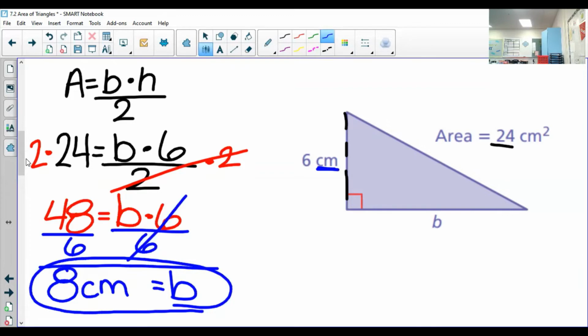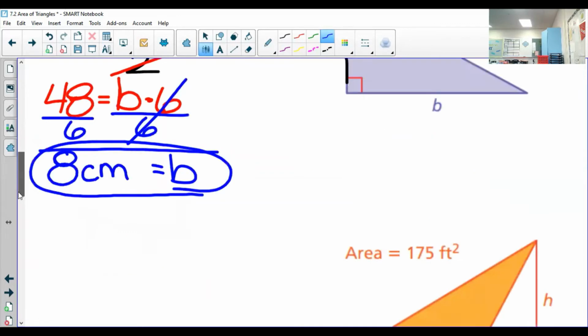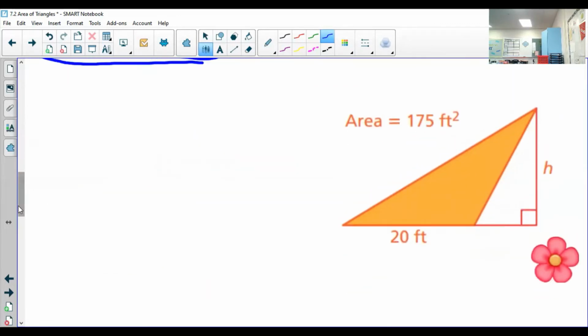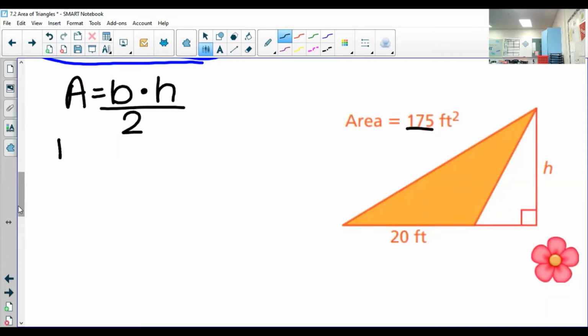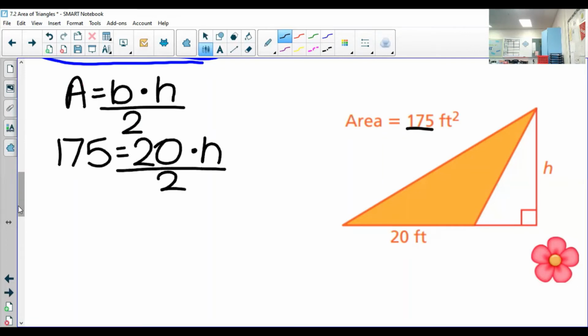Okay, let's do maybe one more like that just to be sure we're all on the same page here. All right, area equals base times height divided by 2. Okay, just plug in your numbers. Area is 175 equals my base, which is 20, times my height, which I don't know, divided by 2.